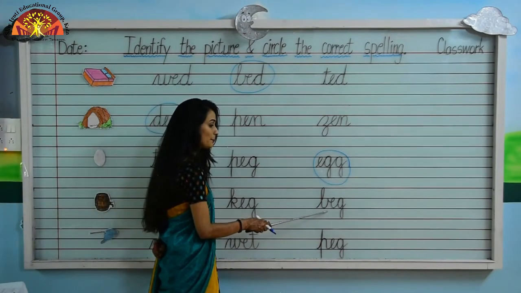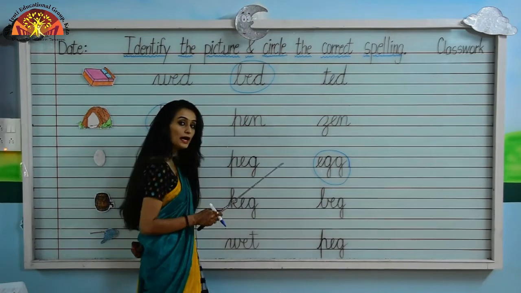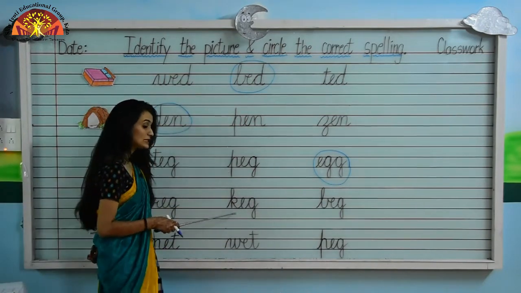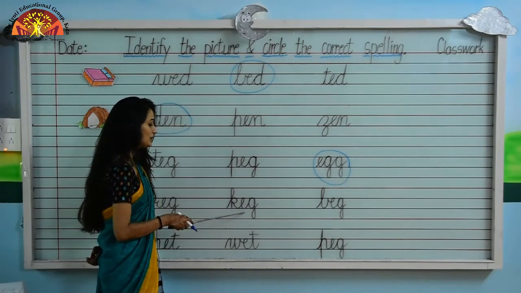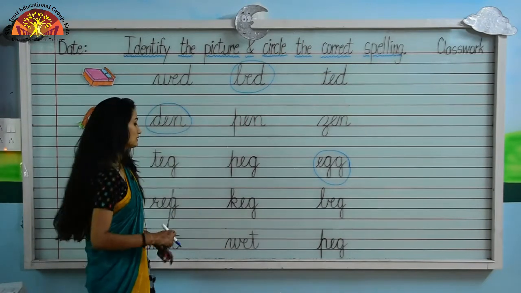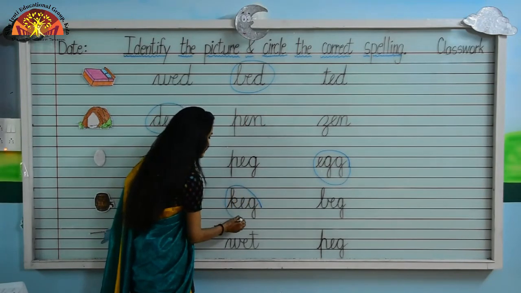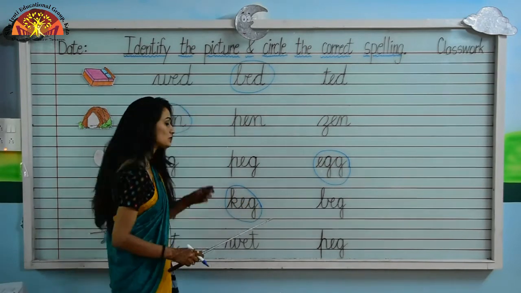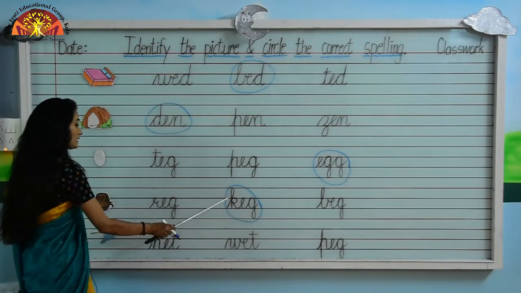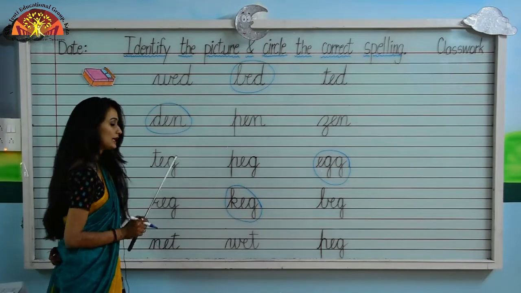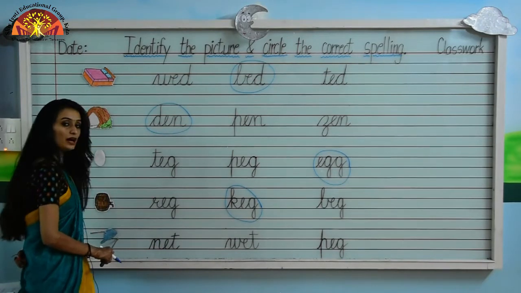This is B-E-G, bag. So is this a bag? No. This is keg. K-E-G. So we will circle it like this. Okay. So the correct spelling of keg is K-E-G, keg. Come to the last one.